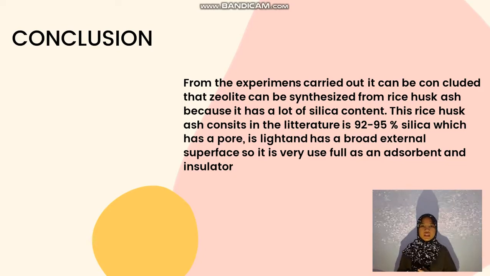According to the literature, rice husk ash consists of 92 to 95% silica, which has pores, is like tin, and has a broad external surface, so it is very useful as an adsorbent and insulator. So, thank you.